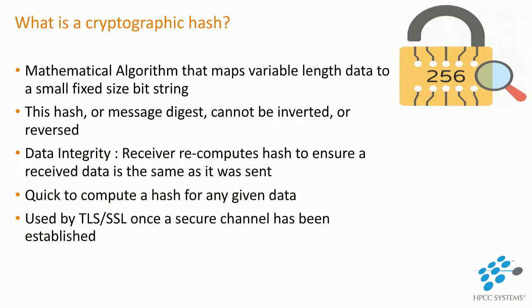And the way it works is the sender of the data will compute a hash, let's say it's an email, the plain text email, and the hash, and the receiver will use the same algorithm to compute a hash and compare the two. And if they match, then you know the data has not been tampered with and it's trusted.